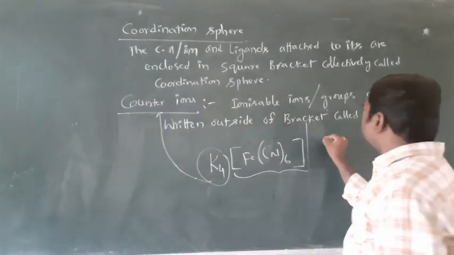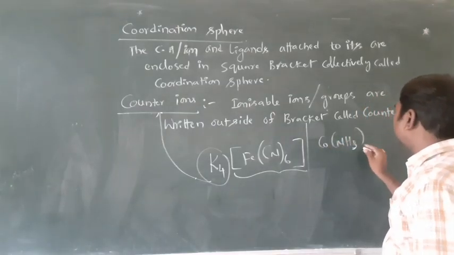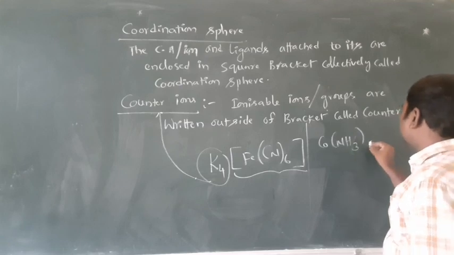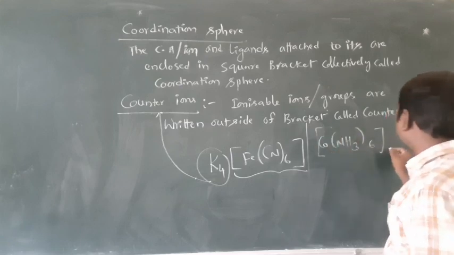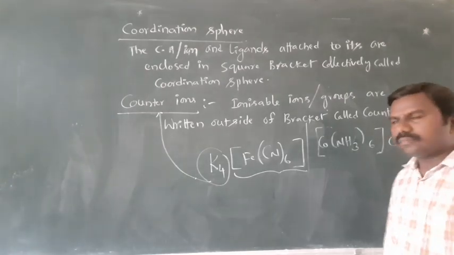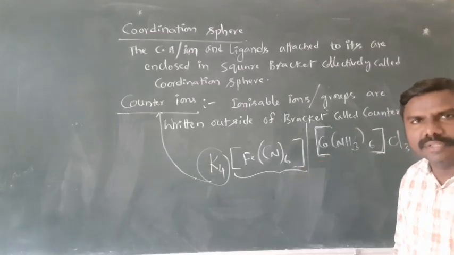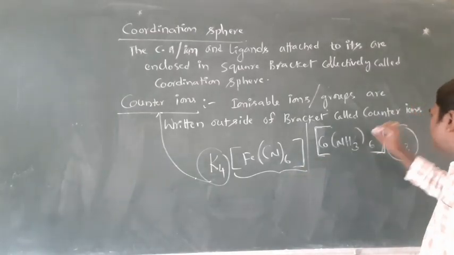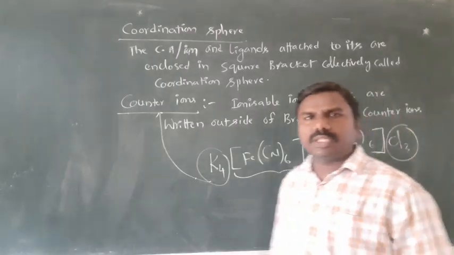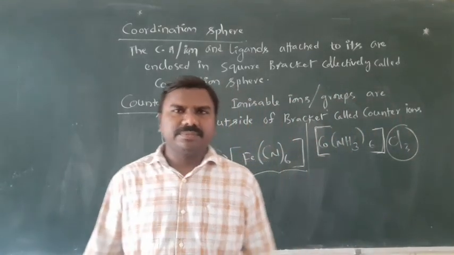Next, [Co(NH3)6]Cl3. Observe this. The square bracket is the coordination sphere. Outside, these 3 chloride ions are counterions. Counterions are easily ionizable.